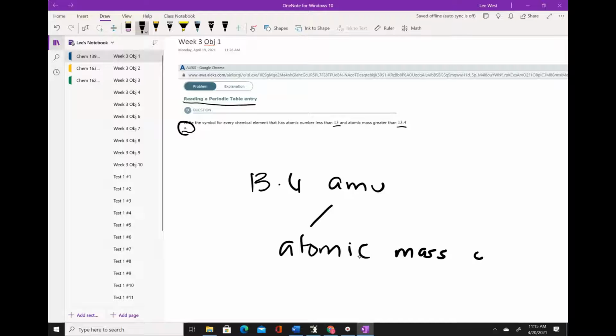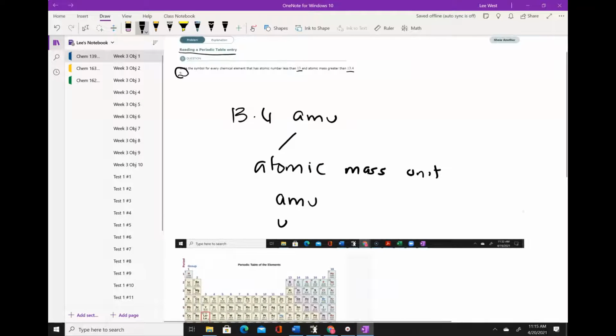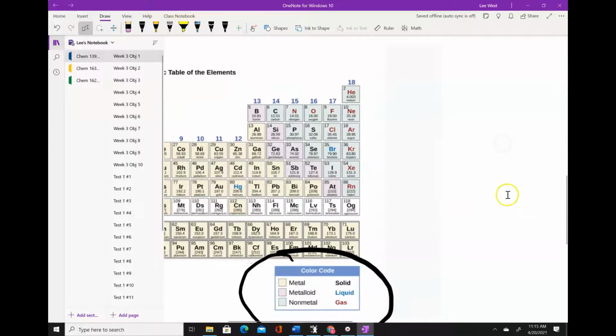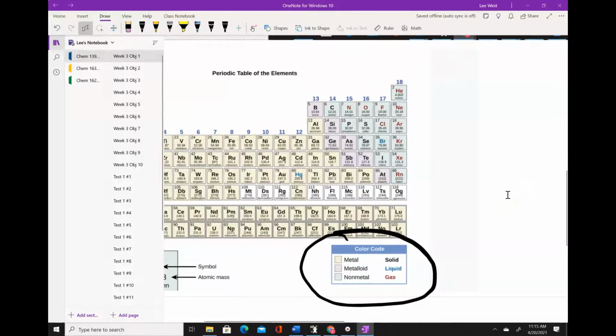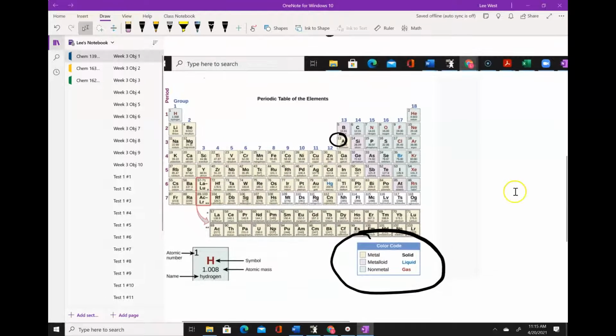Two abbreviations that you'll commonly see, amu and u, but they are both the same. So we want atomic number less than 13, so it has to come before aluminum, but then we want the mass to be less than 13.4.